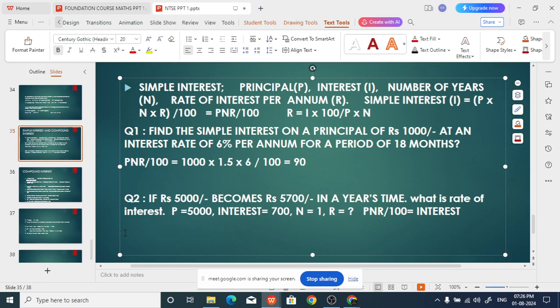If rupees 5,000 becomes rupees 5,700 in a year's time, what is the rate of interest? Very good. So now you think and do on your own. Take some time and do it. Don't be in a hurry.